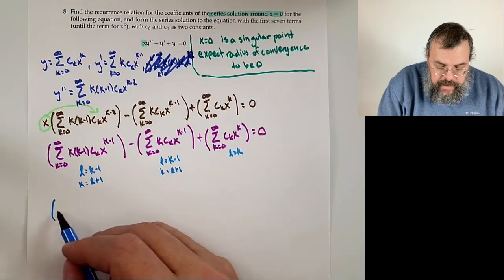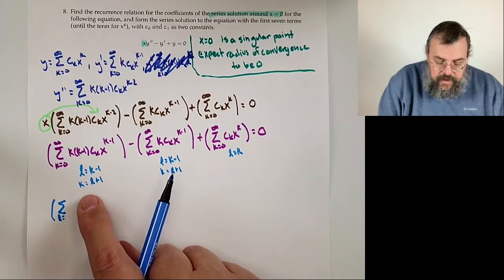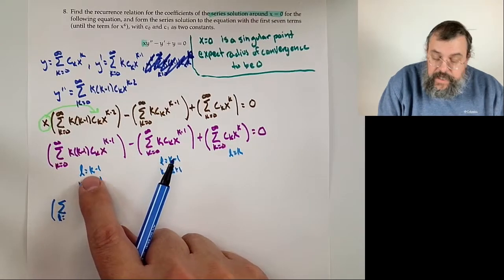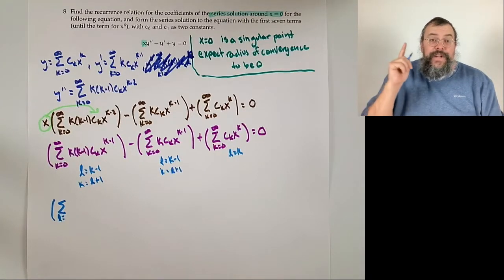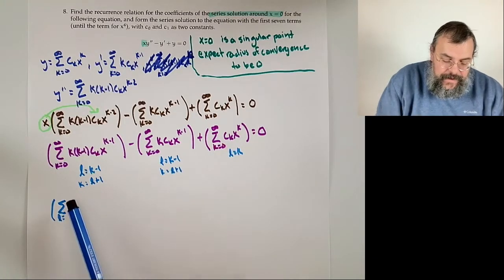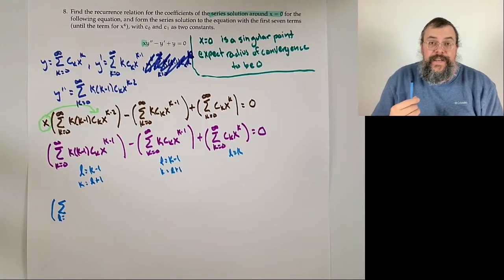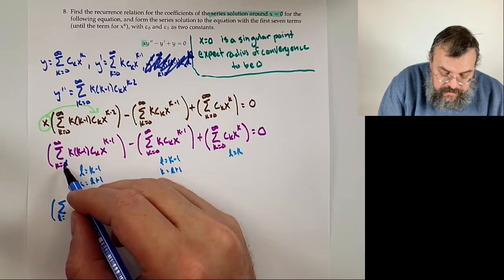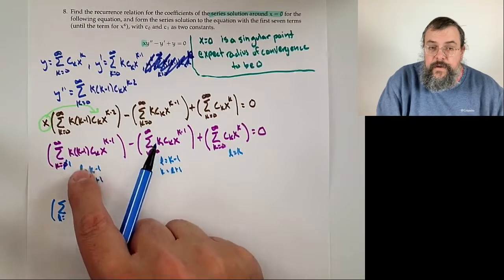So in the first sum, let's think about it. If k equals 0, L equals minus 1, that's kind of a weird place to start. But notice something. The first term here is automatically going to be 0. So we'll just pull off the first term, which is 0, and start at 1.